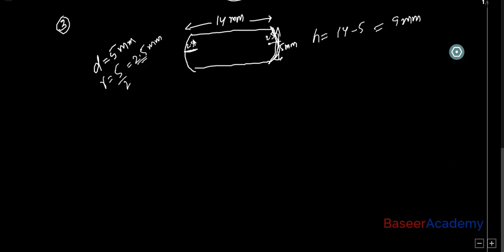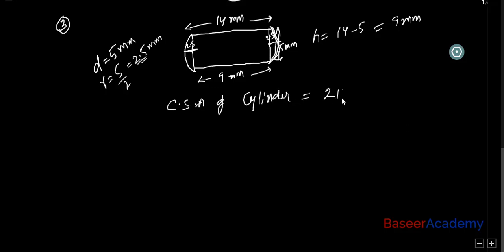I'm excluding the radius of the hemisphere to find out the height of the cylinder. So the height of the cylindrical part is 9 millimeter. That's the catch here. Now let us find out the curved surface area of the cylinder.